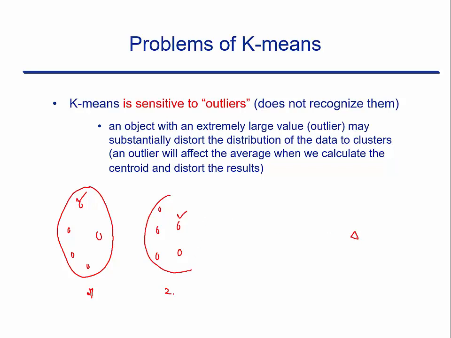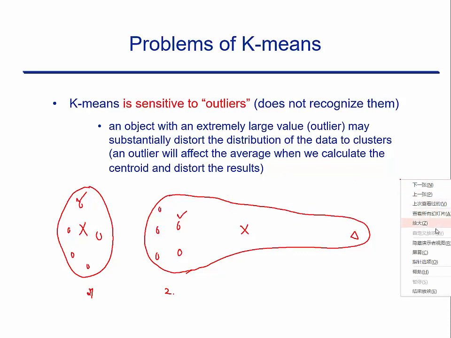But because the outlier is also closer to the right centroid, the outlier will also be assigned to the second cluster. Now we will calculate the new centroids of the clustering after the first iteration. Okay, the centroid is here, for example, and for the second cluster, the centroid will be somewhere here due to the impact of the outlier. Now, using the new centroids, we will reassign the points.